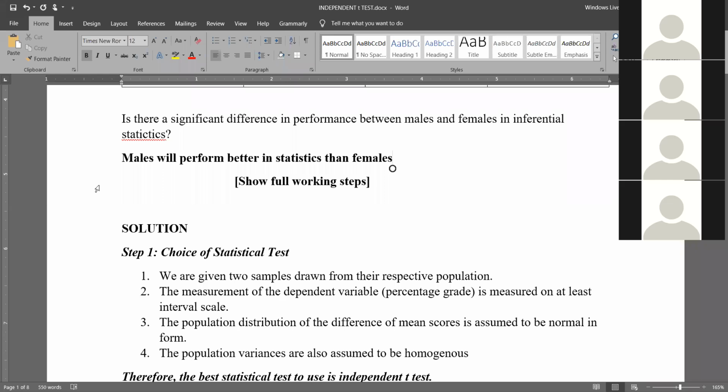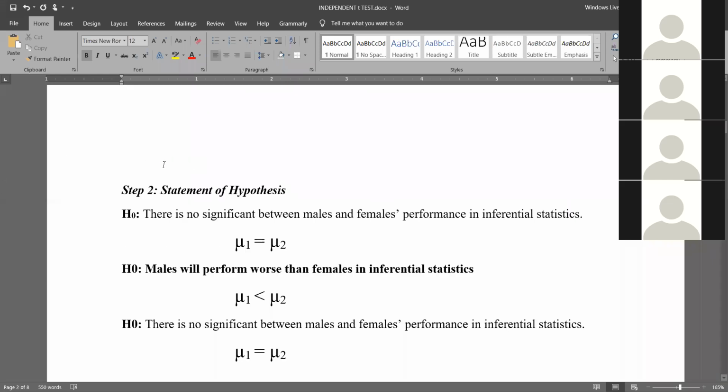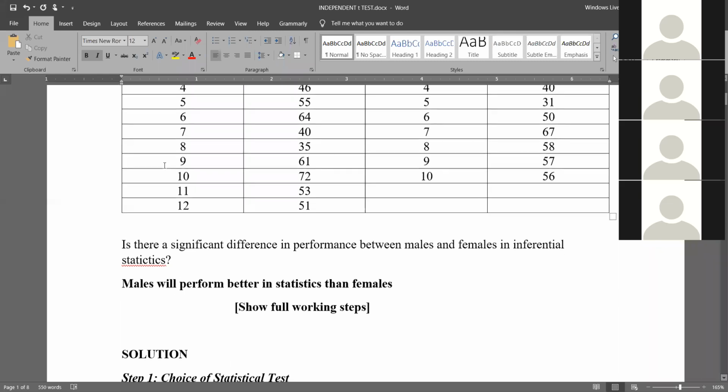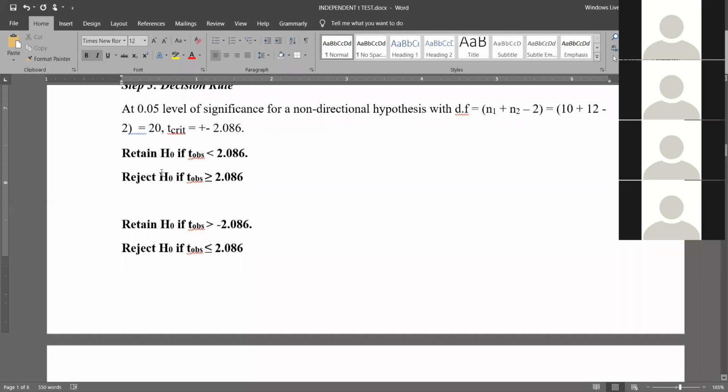So anytime you see that your alternative hypothesis is directional or one-tailed, always state 2 different null hypotheses, because from this statement, we can generate 2 different null hypotheses. The first one emphasizes that males perform worse. The second one emphasizes that there's no significant difference between the 2 groups. Okay, so that's all when it comes to statement of hypothesis.